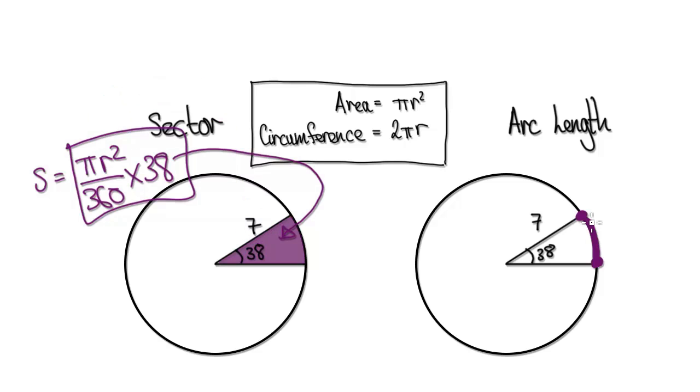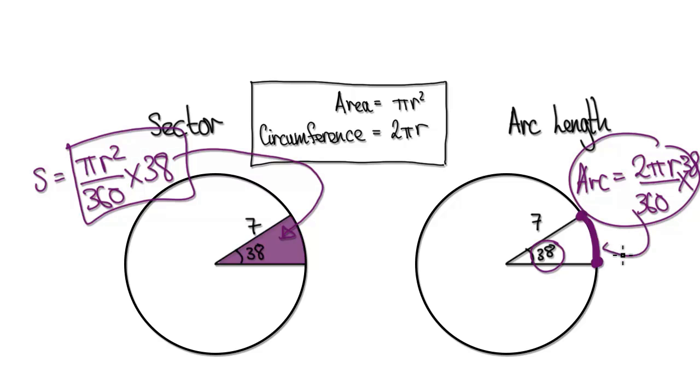The arc length is given by 2 pi r, which gives you the whole circumference, cut up into 360 equal pieces, and then you get 38 pieces, so you times 38. This represents your arc length, and the other one represents your sector.